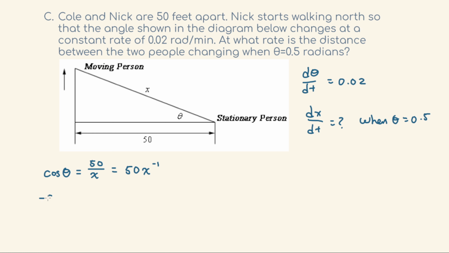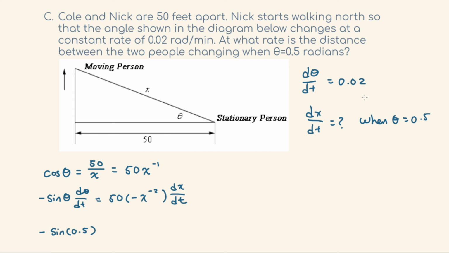So here we're going to get minus sine theta d theta over dt is equal to 50 times minus x to the minus 2 dx over dt. All right, now this sine theta here, we can plug in that theta now because we've taken the derivative. So this is sine of 0.5 radians.